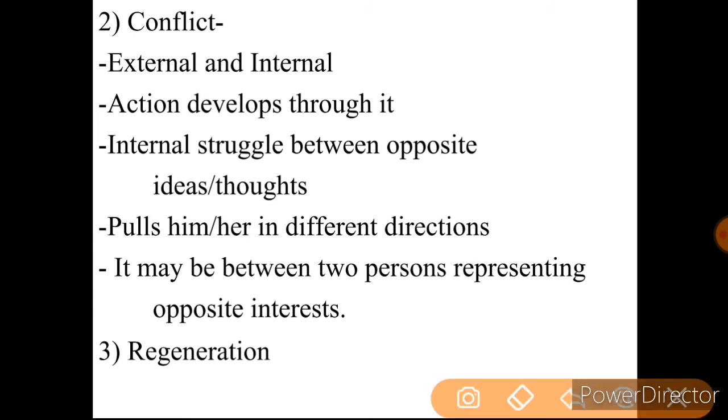Friends, the next characteristic of Shakespearean tragedy is conflict. Another significant feature of Shakespearean tragedies is conflict. The action of Shakespearean tragedy always develops through conflict, and this conflict is both external and internal.